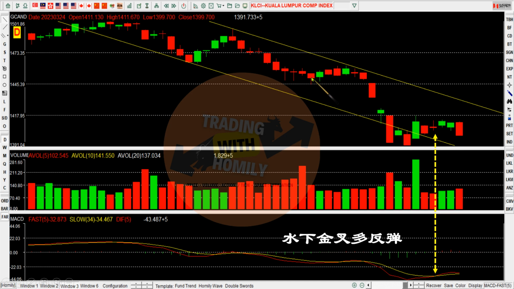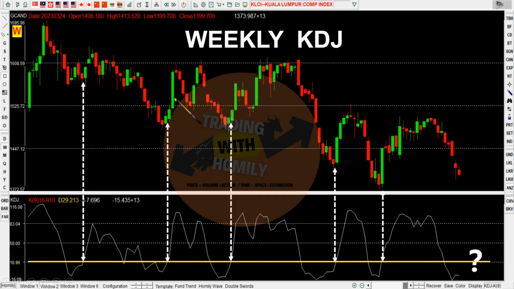And how do we find that the market is in the bottom area? We go back to the weekly chart. Last few weeks we mentioned the KDG already. We use KDG to judge or to find the medium bottom for the market. How?